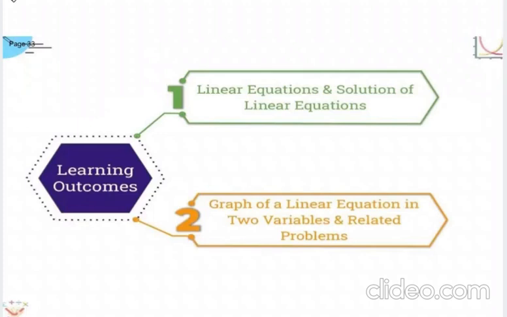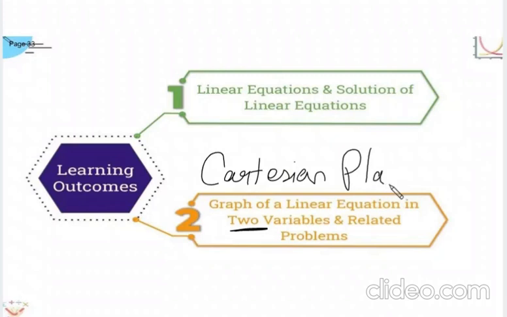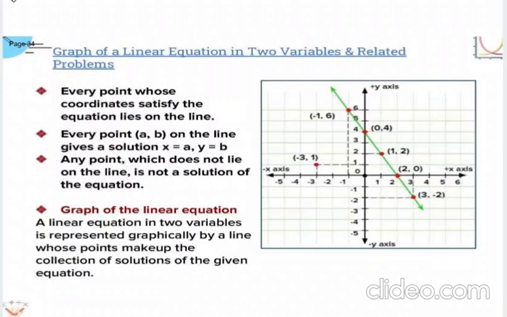Now, moving towards the next learning outcome, the graph of a linear equation in two variables and problems related to it. When I talk about a linear equation in two variables, as I have two variables, I can plot it on the graph known as the Cartesian plane. Listen to my steps carefully.